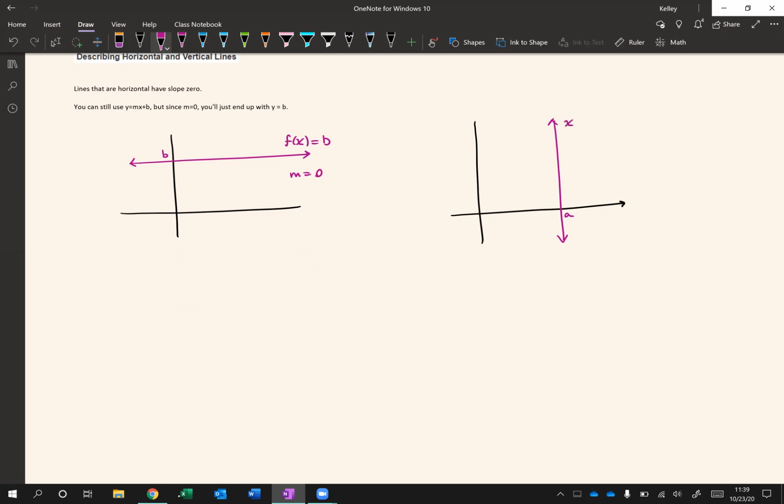You just have the equation x = a, and your slope is undefined because it's division by 0. There is no run. Hopefully this was mostly review. I just wanted to contextualize it, moving from y = mx + b into f(x) = mx + b, and going through all of these steps.